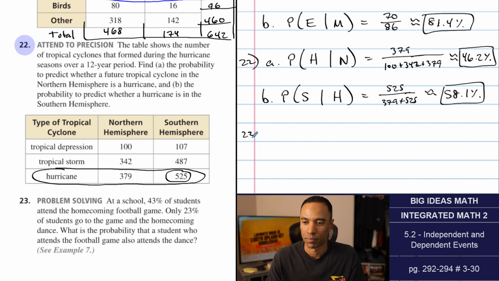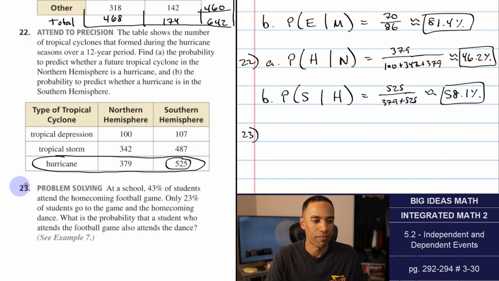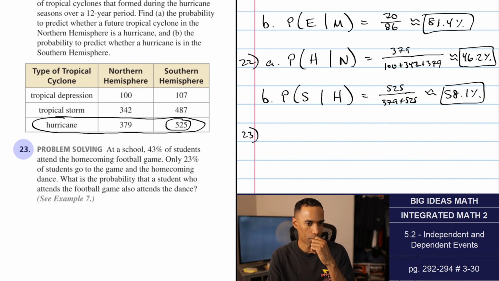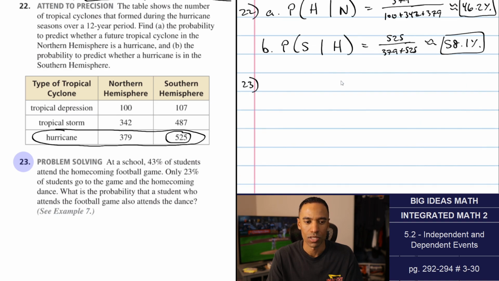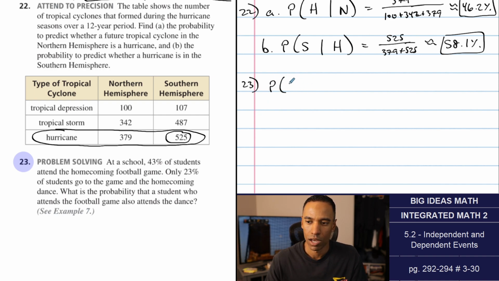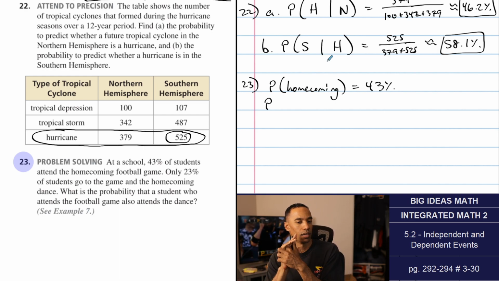All right, number 23. At a school, 43% of students attend the homecoming football game. Only 23% of students go to the game and the homecoming dance. What is the probability a student who attends the football game also attends the dance? So 43% of students, so the probability you attend homecoming is 43%. 23% of students go to the game and the homecoming dance.